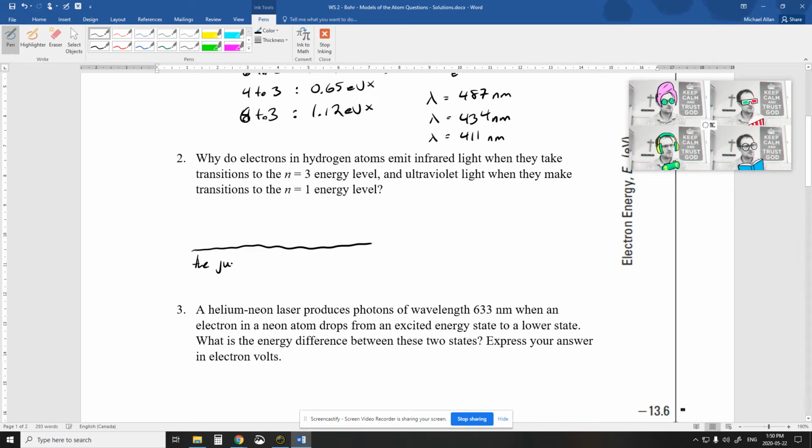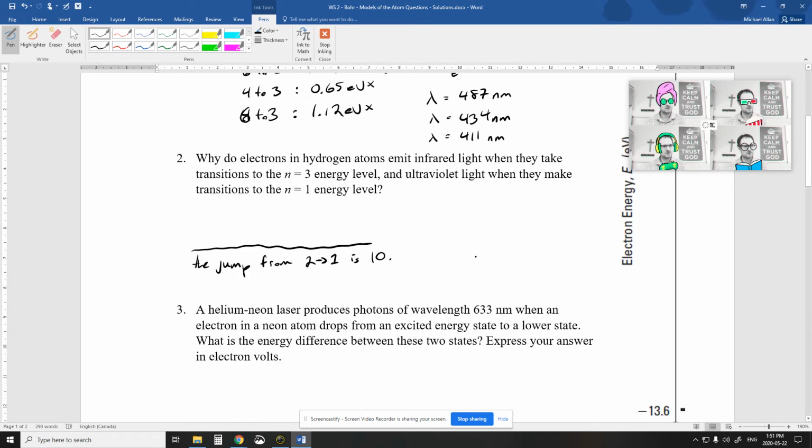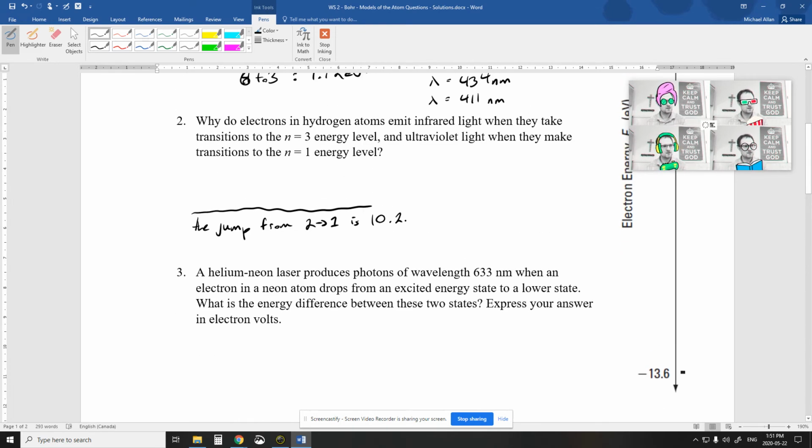The jump from 2 to 1 is 10.3, is it? Somewhere about that, 10.2 or so. 10.2 electron volts, which is already in the UV range.